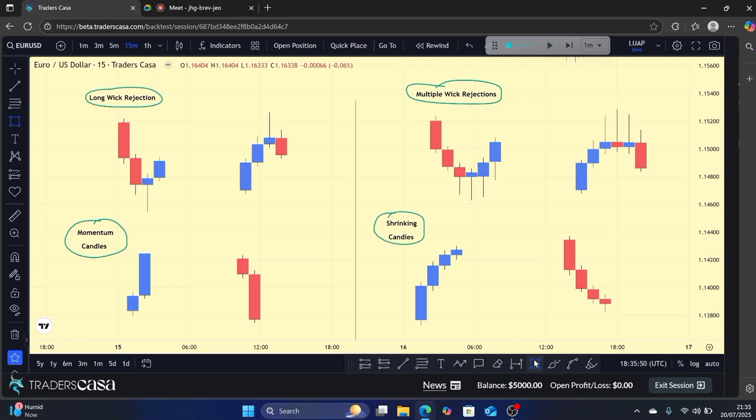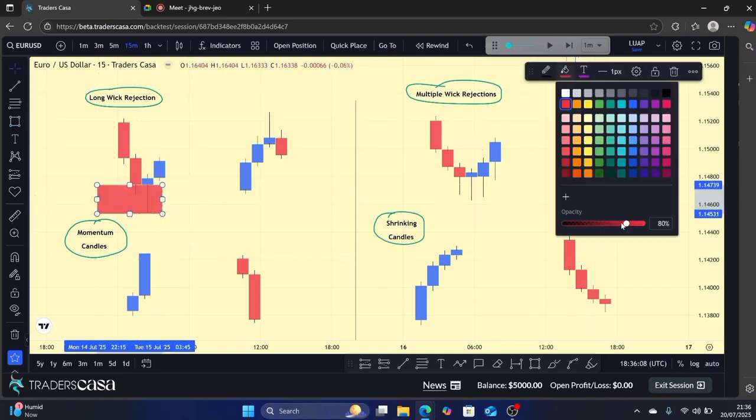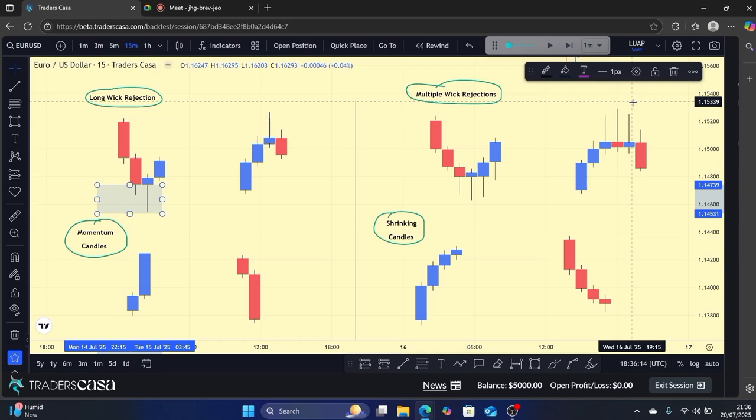However, these patterns alone may not make much sense without additional confirmations, and that's where the key levels and liquidity levels apply. So when you see a reversal after the pattern, just know that there is some kind of zone here. Let me change this opacity. Of course, the opacity was high while I was making these diagrams.